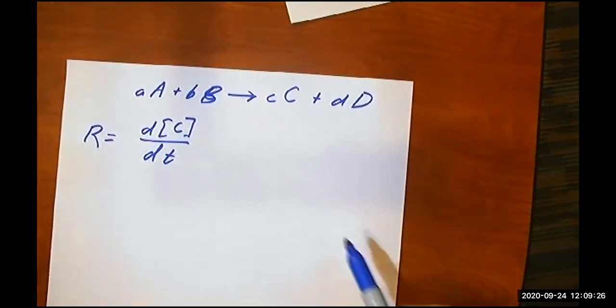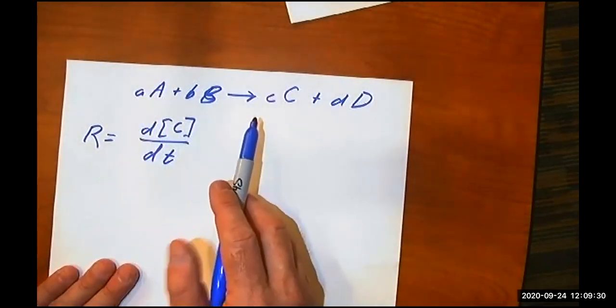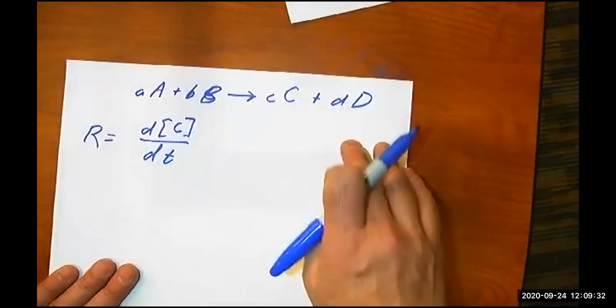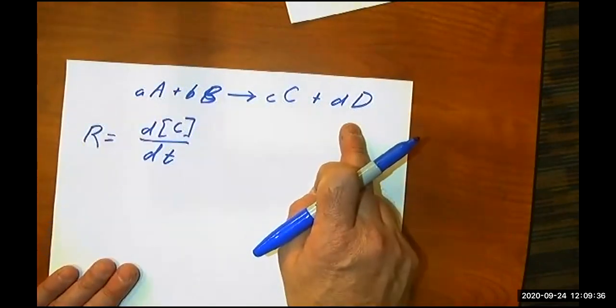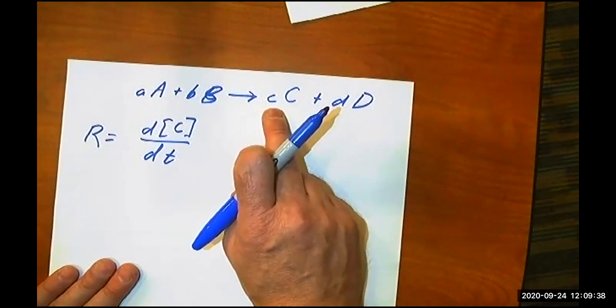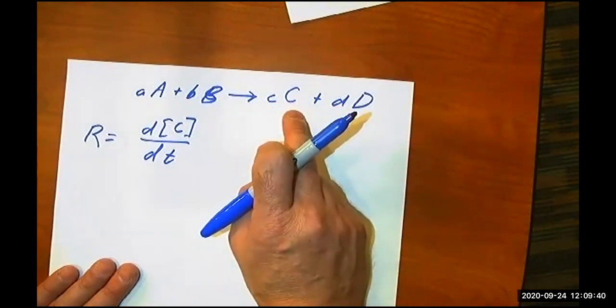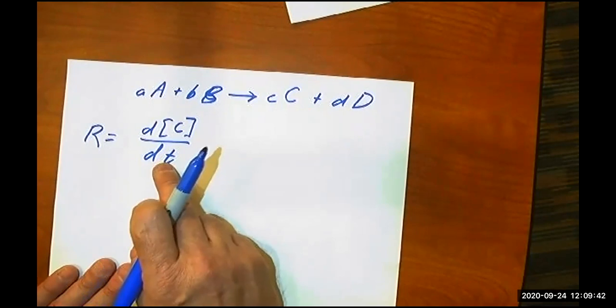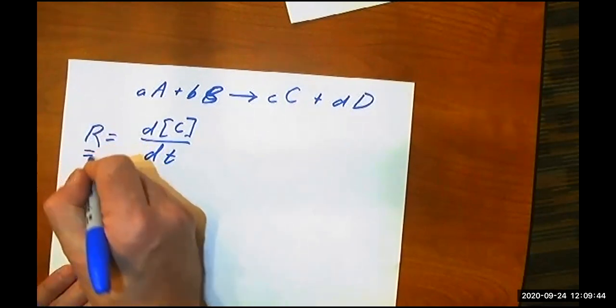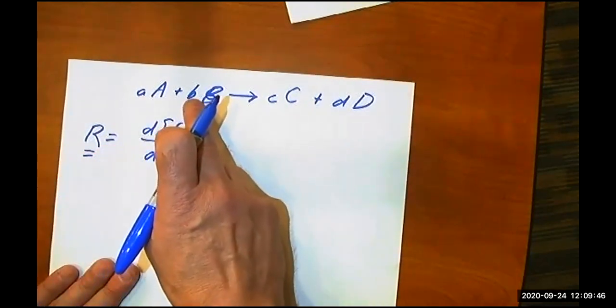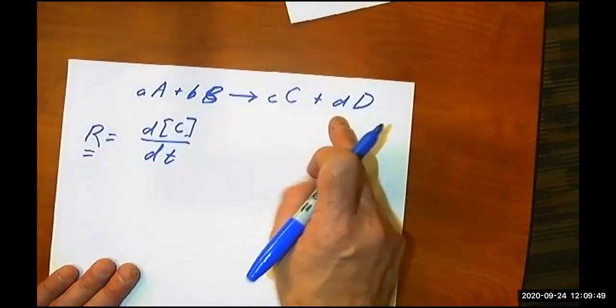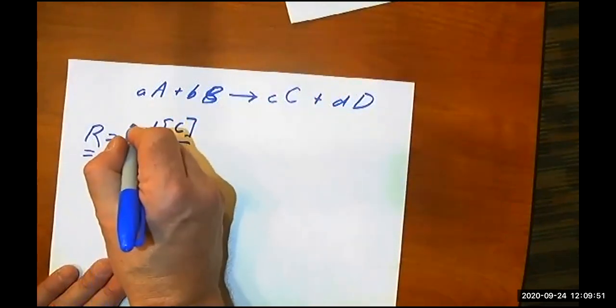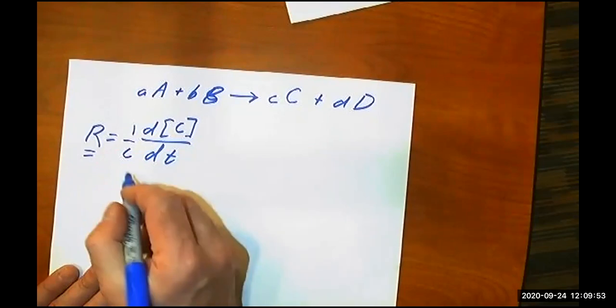But we also want to be able to talk about the reaction happening in terms of like 1 unit of the reaction happening. And so each time the reaction happens, you get c molecules of C formed. So if the rate here is how rapidly the reaction is happening, we have to divide this rate by c, the lowercase c.